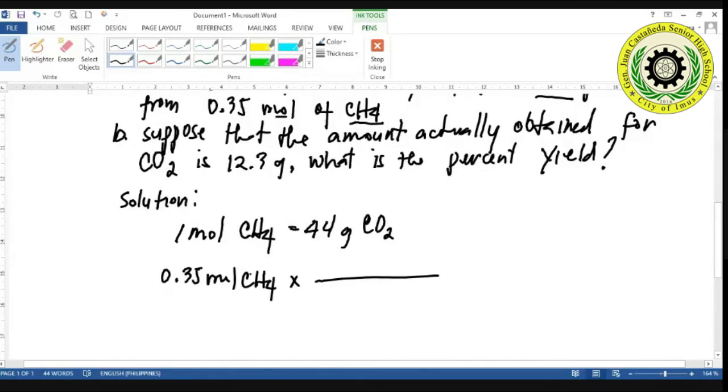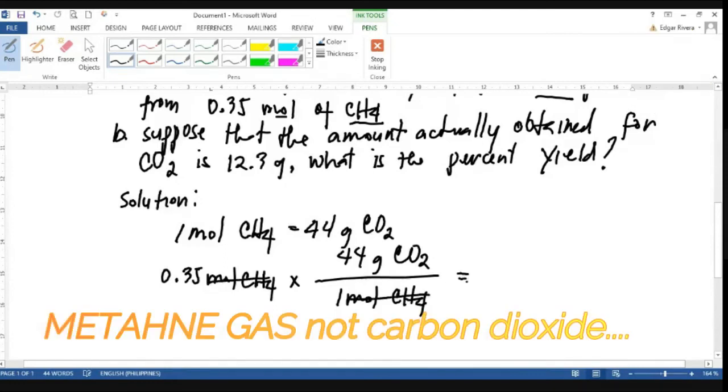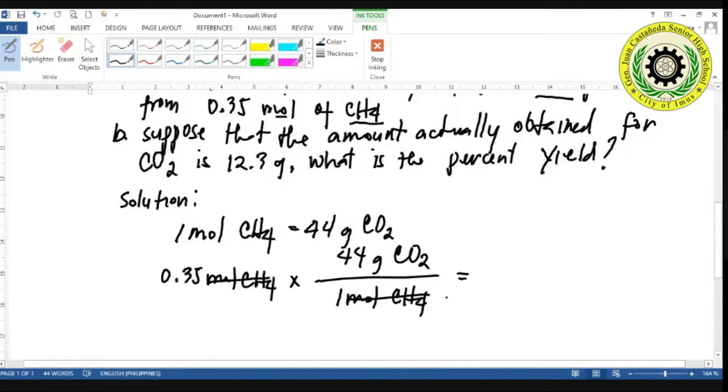Since andito na po yung methane gas, dapat po ang ating denominator ay yung may methane gas o CH4 din. So, copyahin po natin ito yung 44 grams of carbon dioxide. Bakit? Para po makancel yung unit na mole carbon dioxide. I-simplify na po natin yung ating pong problem by multiplying 0.35 to 44.